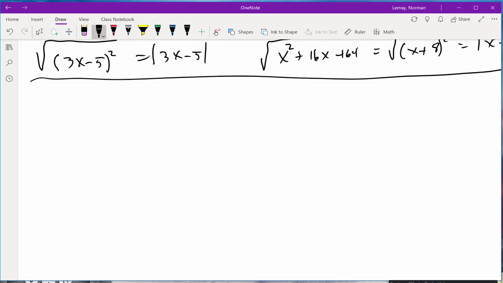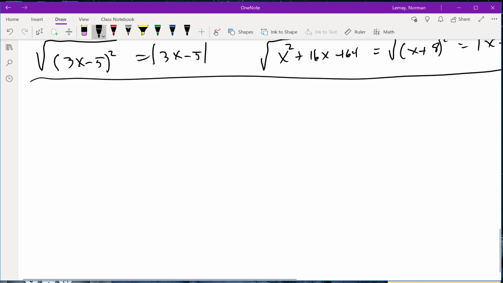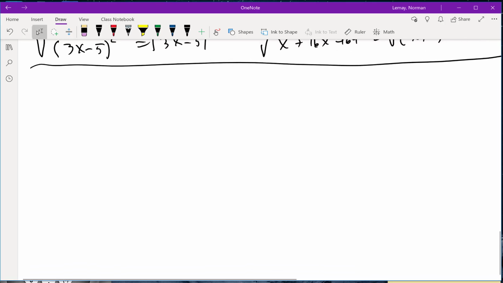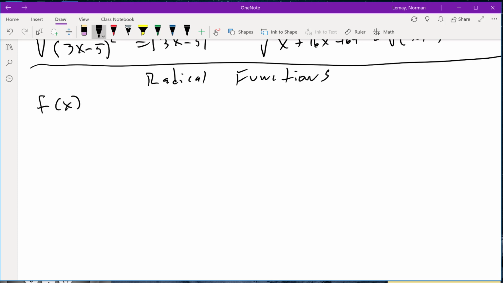Now coming along to my very last topic: radical functions. A radical function is something in the form f of x equals the square root of 3x minus 2.